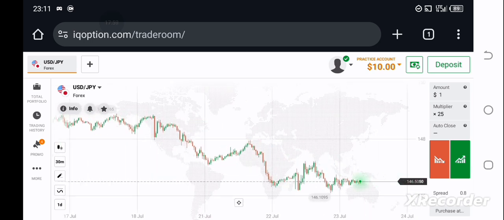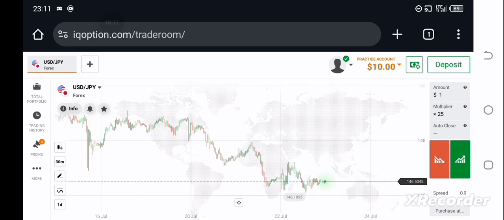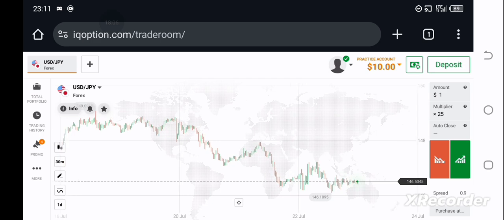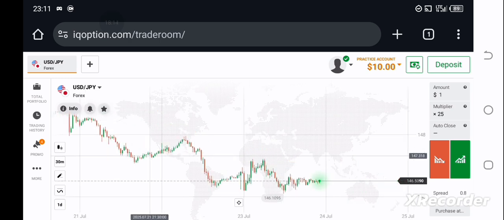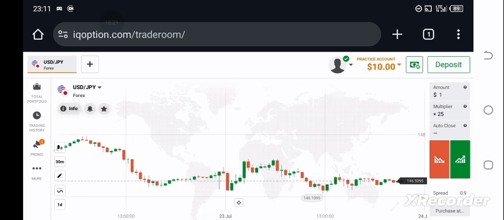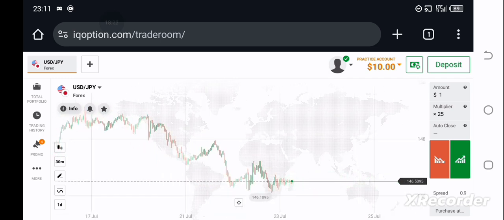But there is no clear trend line to draw here, but this is a downtrend. So like I told you, you don't force the trend lines. Don't force yourself to draw the trend line. If it is not clear, you just leave it. Look out for other alternatives. That is why sometimes there is no trend line here, but looking at this market, this is a downtrend market.